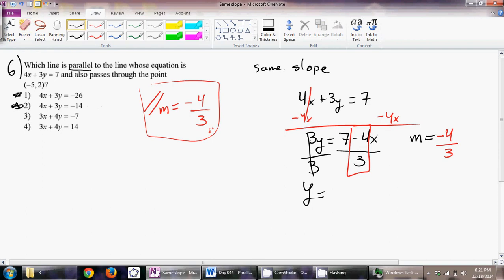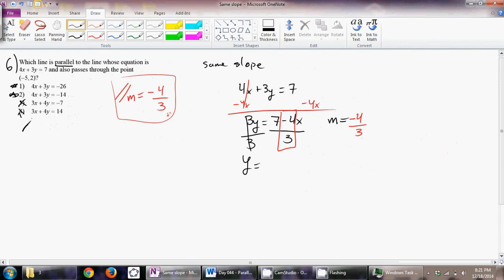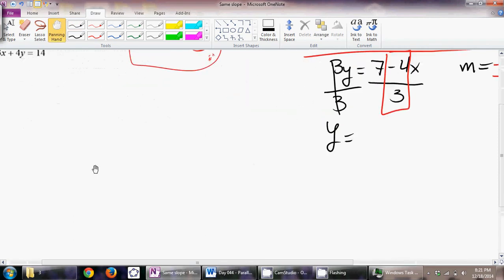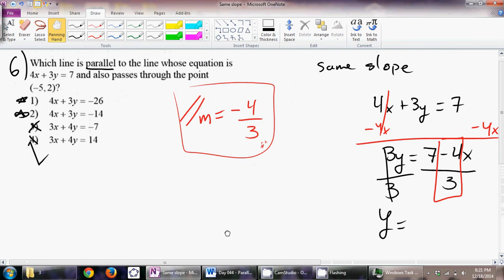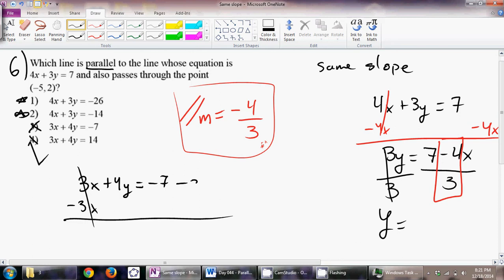I think I can eliminate 3 and 4, and here's why. I think I can eliminate answers 3 and 4, because 3x plus 4y equals minus 7. When I subtract that 3x and bring it to the other side, and then I divide by 4, this slope is not equal to that.